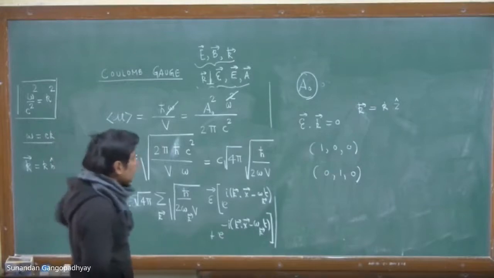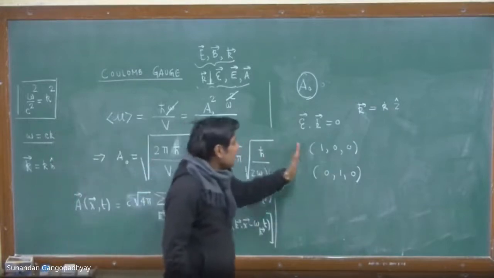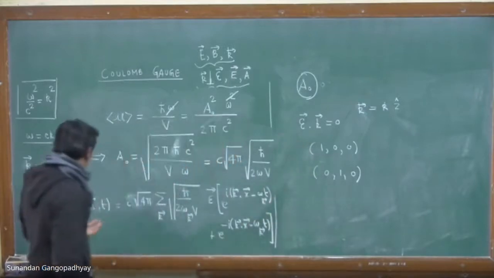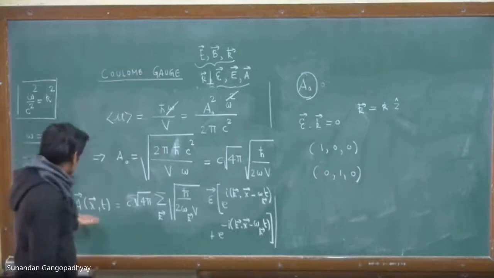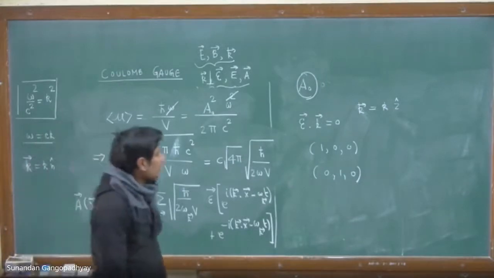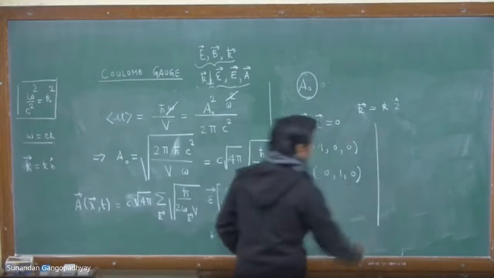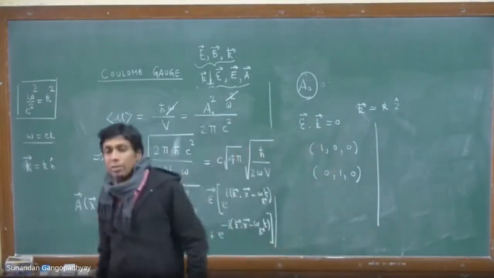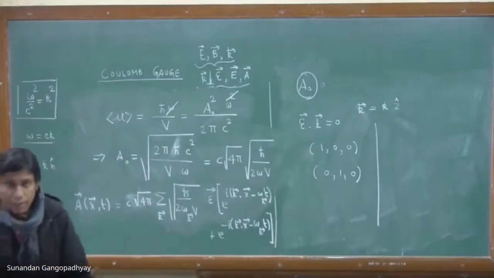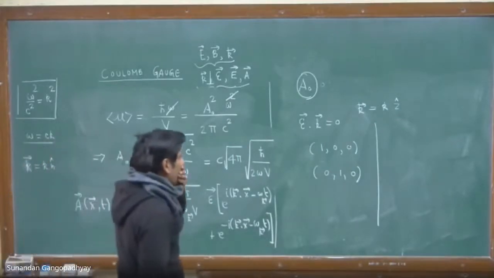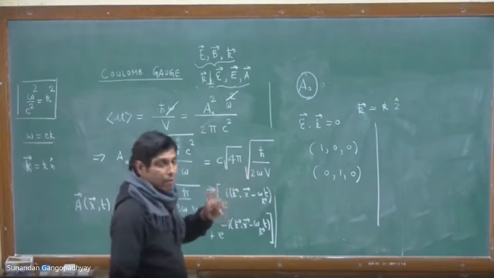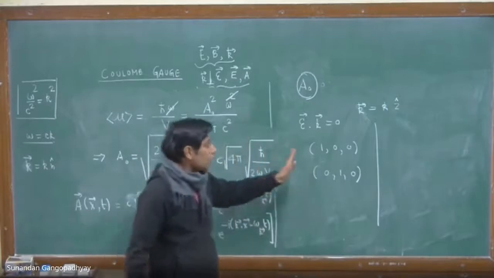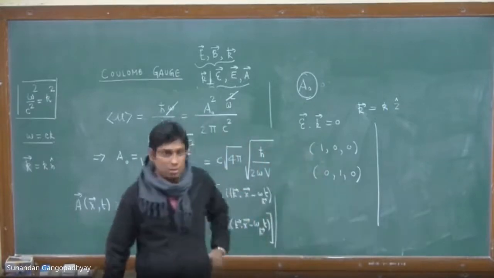What I'm saying is that these are the basis states, two independent states of polarization for this electromagnetic field A vector. This is the case known as linear polarization. You must have heard of linear polarization, right? Linearly polarized electromagnetic plane wave. But this is not the only choice. You can have other choices also.